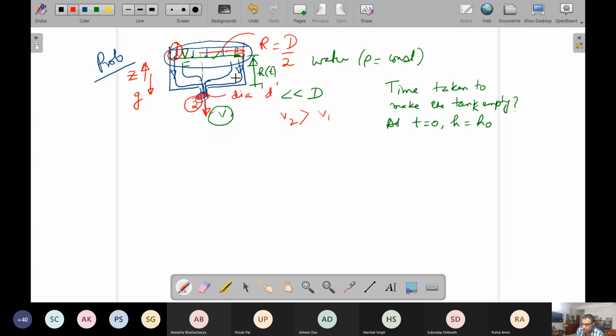Of course, this is an approximation, but the approximation is physically not a very bad approximation. So it is unsteady, and we can use a Bernoulli's equation with certain restriction. I mean, constant density is one of the things which is already given as a part of the problem. So let us write the unsteady Bernoulli's equation.